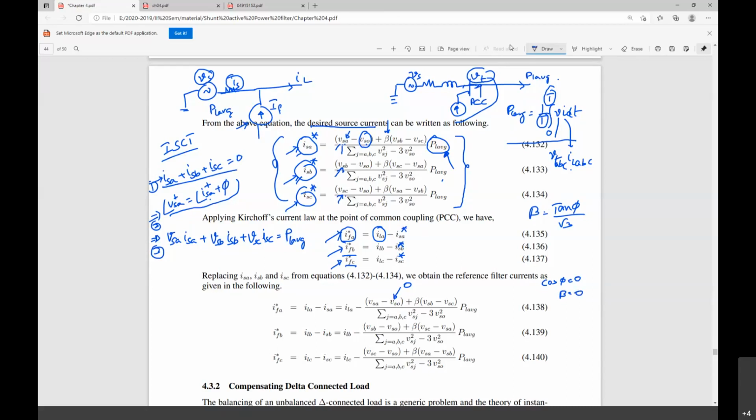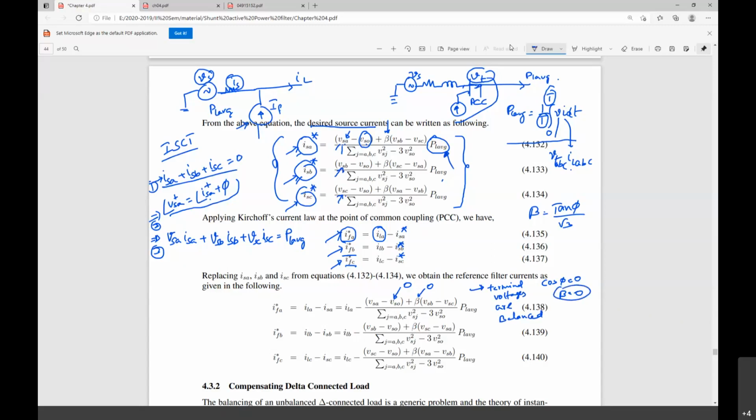If you substitute beta equal to 0, and the terminal voltages are balanced, we'll come to know why I am giving this explanation within five minutes. These terminal voltages are balanced and beta is 0.